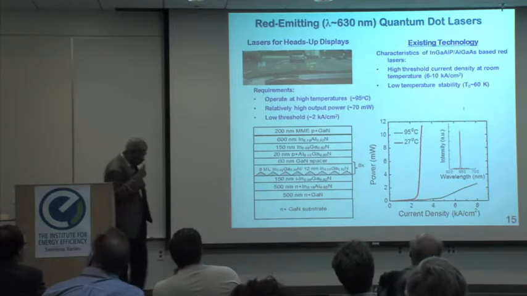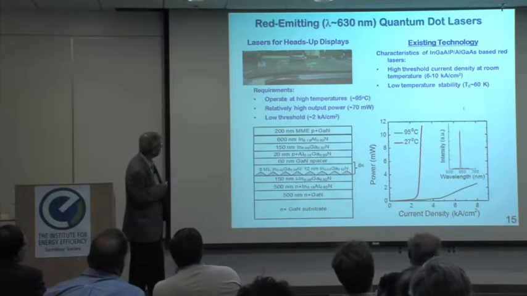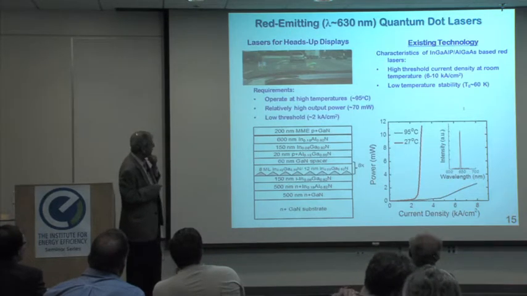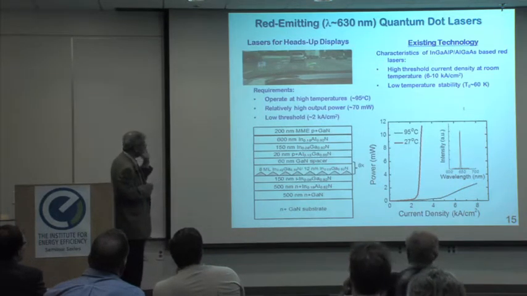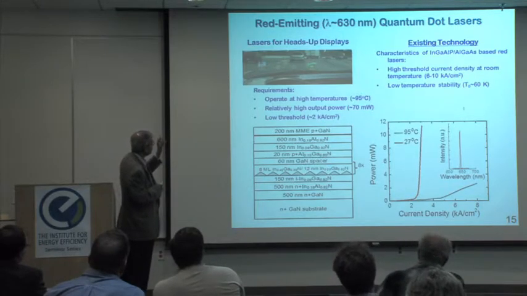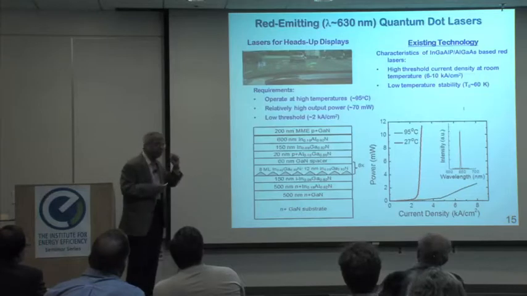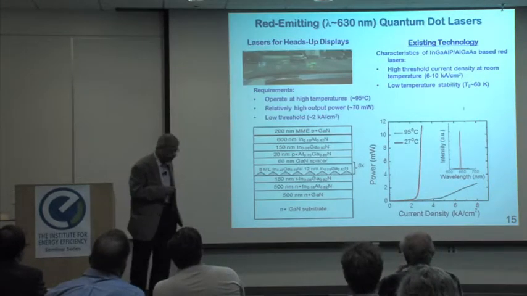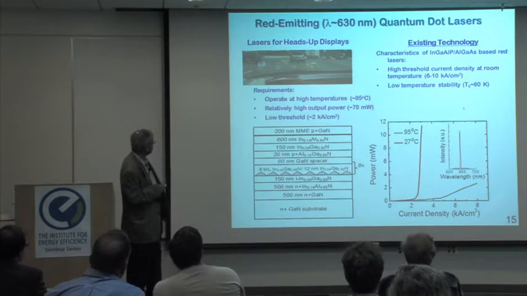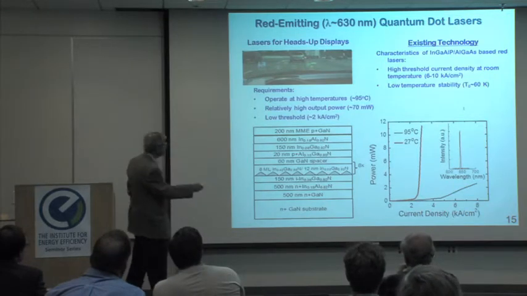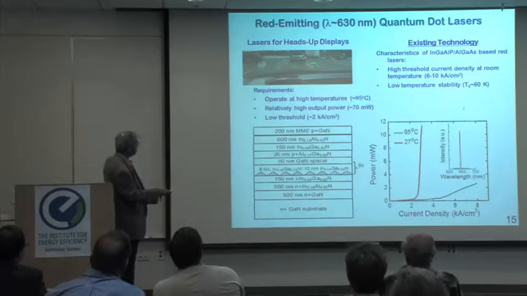Okay, so let me move on to the lasers then. Before we made red emitting lasers, we did green and blue and many others, but the red was of interest because, amongst other applications, an auto company came to us and said we need these red lasers for heads-up displays, but the requirements were very, very demanding.